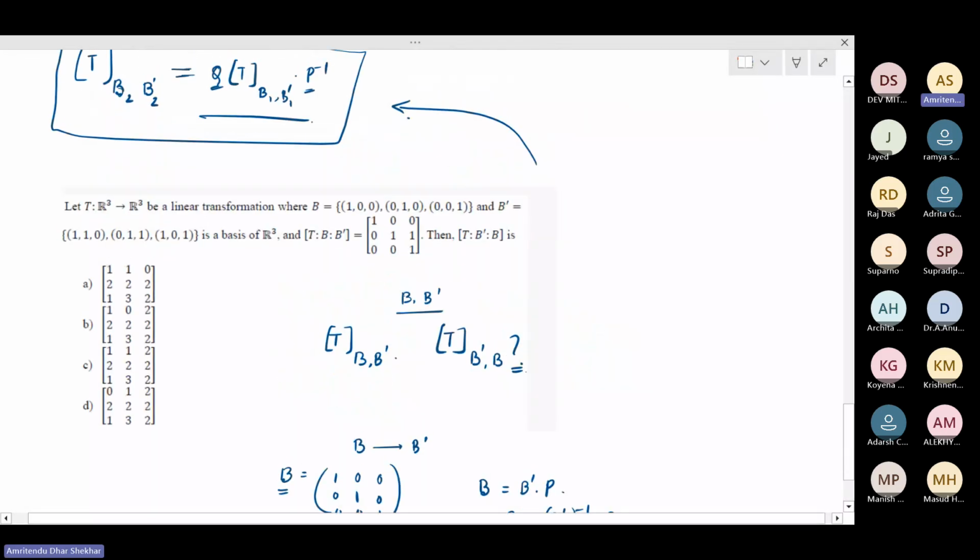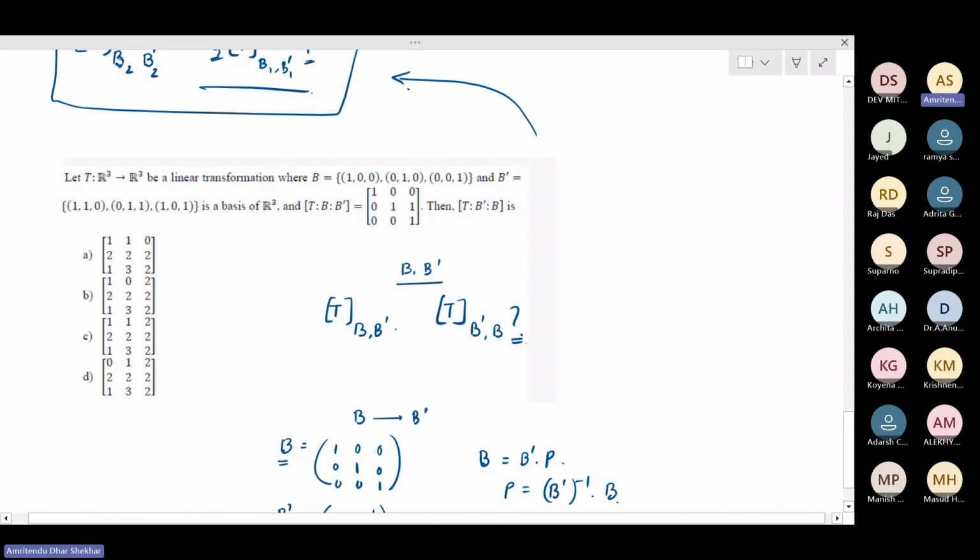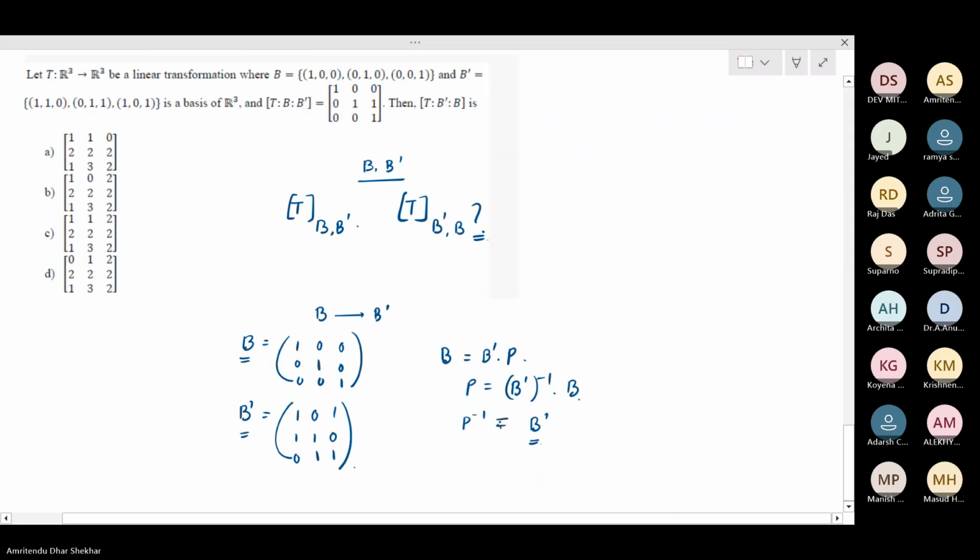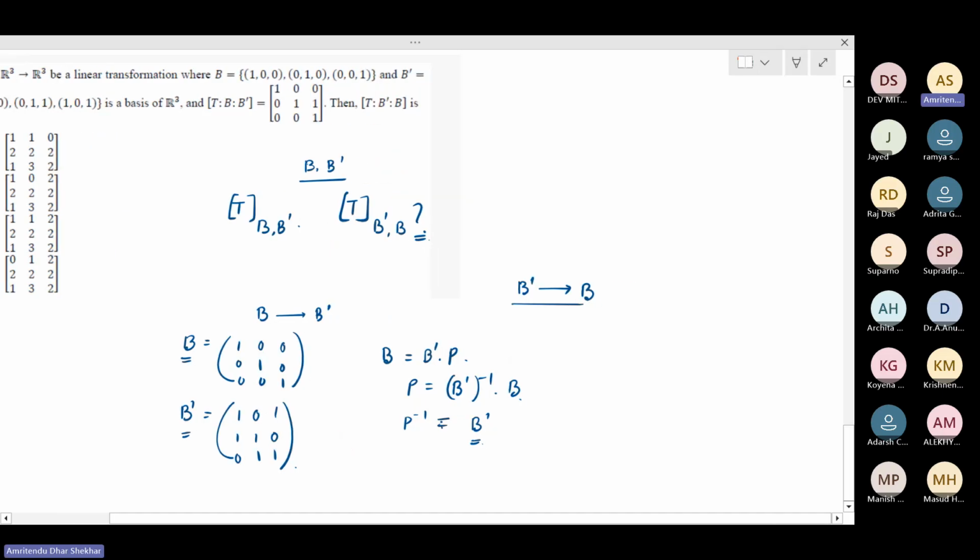Okay. Now, next is determining the matrix Q. So for determining the matrix Q, you're basically going from B prime to B. Okay. So you write again this B prime as equal to B times Q. Okay.